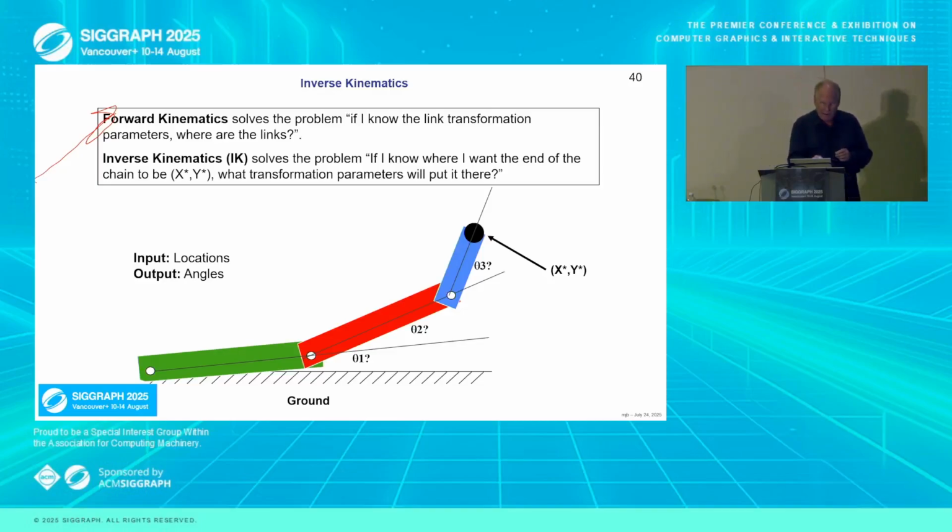Okay, and this is a big deal. If you want to animate somebody walking, if you just do the angles, there's a good chance their foot's not going to be on the floor when you get all done. Whereas inverse kinematics would say, put the foot on the floor, and now figure out what angles I need in order to make that actually happen.